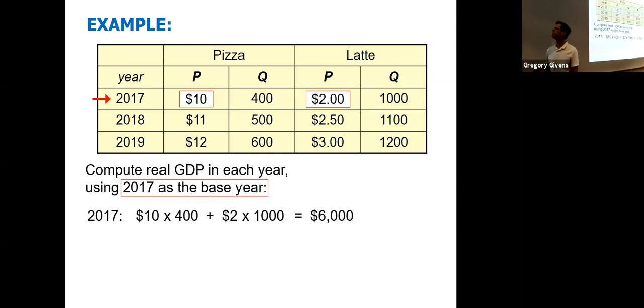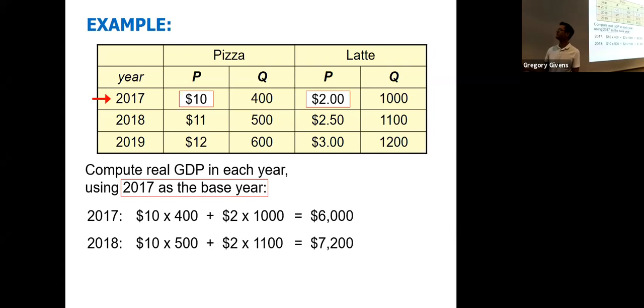John? Perfect. You take quantities in 2018 and multiply them by the base year prices and add them up. We're valuing 2018 quantities at prices in the base year. That should add up to $7,200.